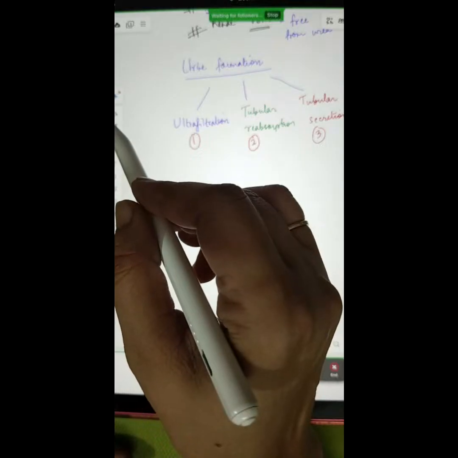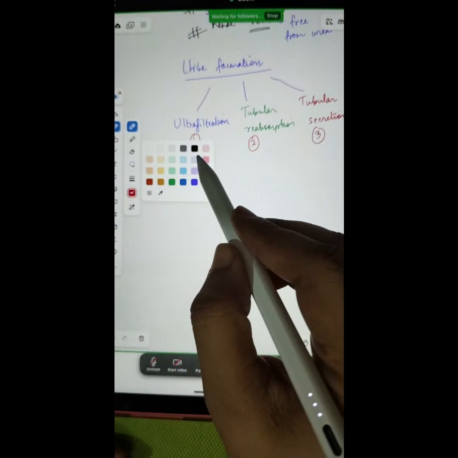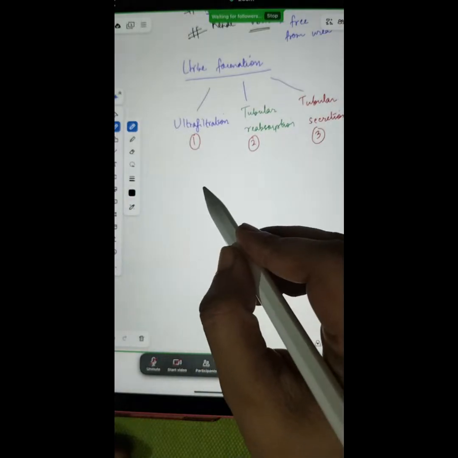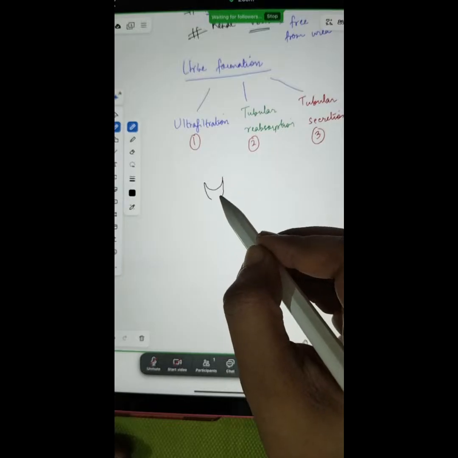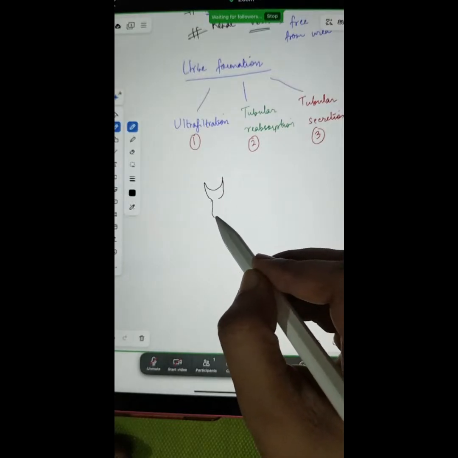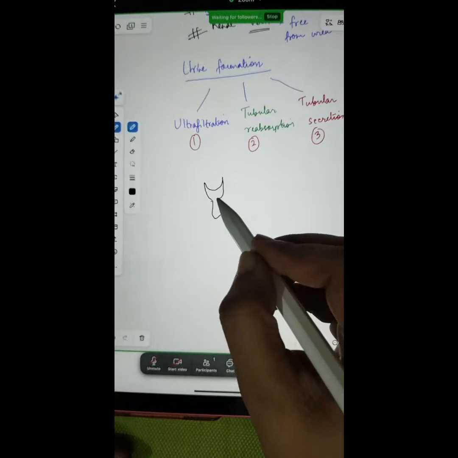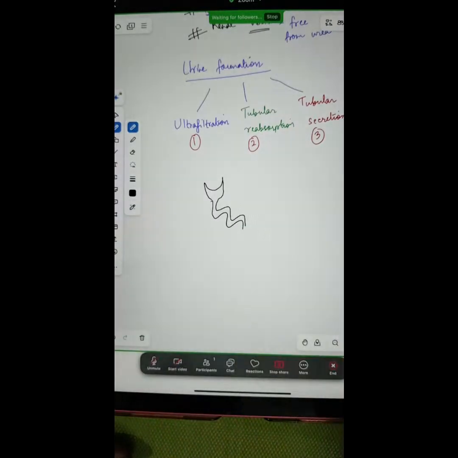Before we study each part, let's draw the diagram of a nephron. In the beginning of the nephron, the part that I am drawing right now is Bowman's capsule. After this Bowman's capsule, the nephron has a tubular part, which is PCT.